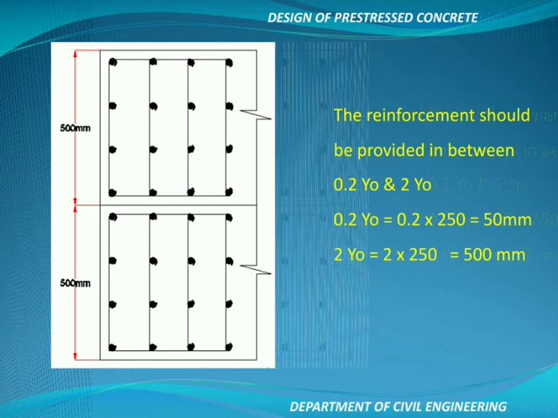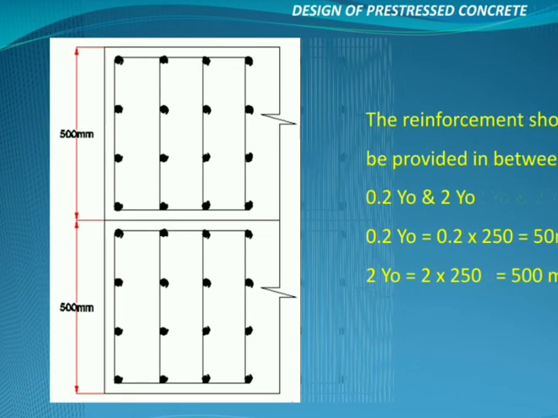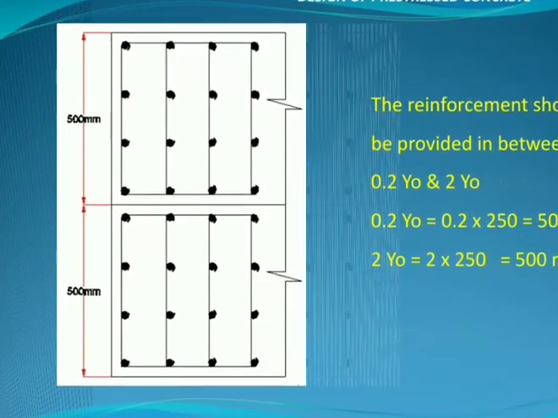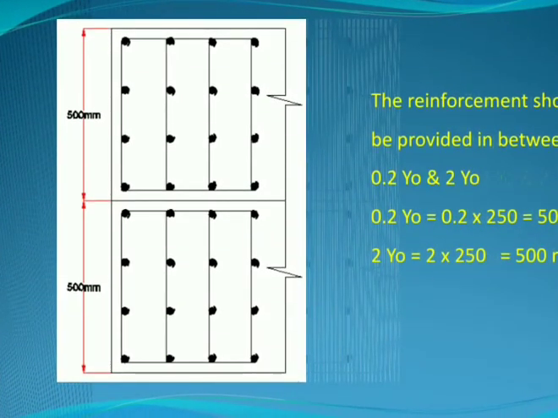I have drawn only the longitudinal section. You can develop a cross section, or this will be sufficient. Here I have shown the depth of the beam as divided into two parts, 500, 500, that is 1000. Width of the beam has to be 500. So the top portion has 16 bars arranged, and the bottom portion also has 16 bars arranged.